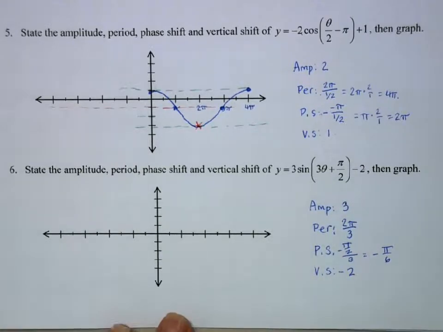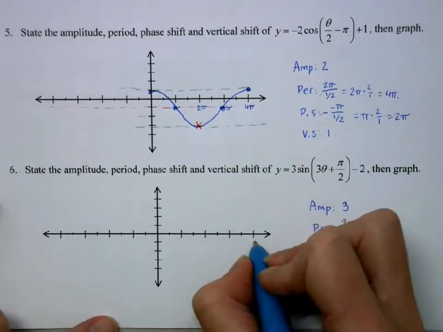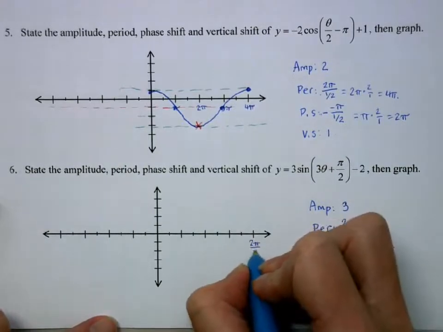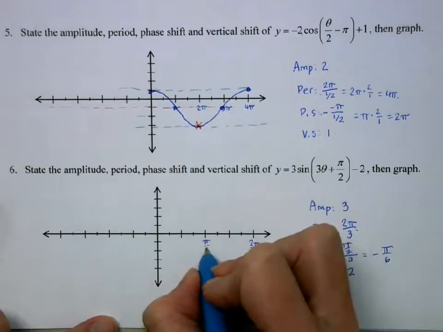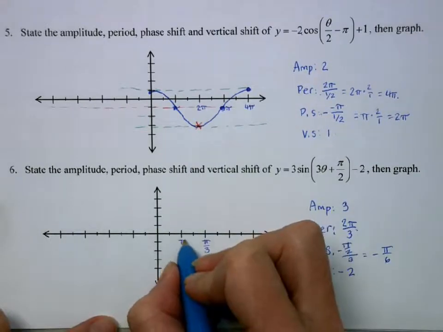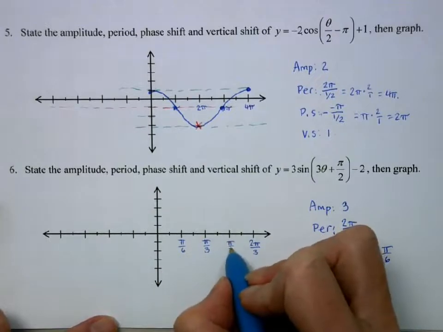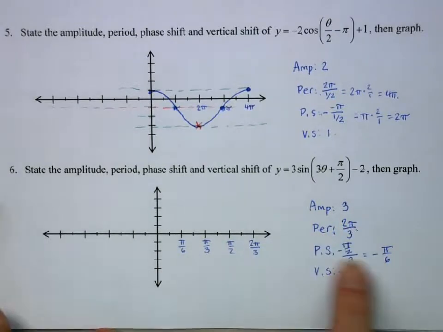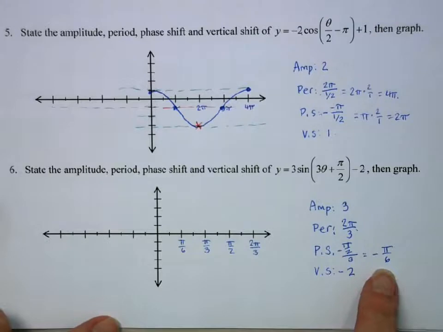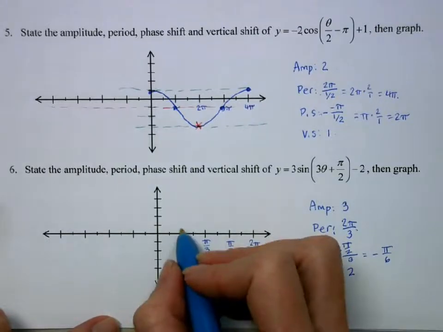So my period is 2 pi over 3, which makes this pi over 3, which makes this pi over 6. So 1 pi over 6, 2 pi over 6, 3 pi over 6 is pi over 2. But then we have a phase shift of negative pi over 6. So if this is positive pi over 6, this is negative pi over 6.